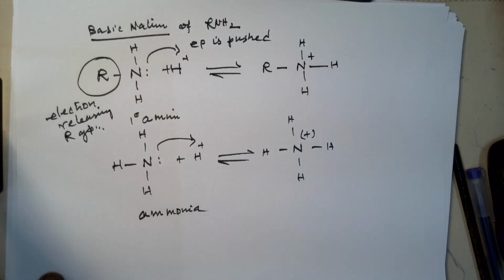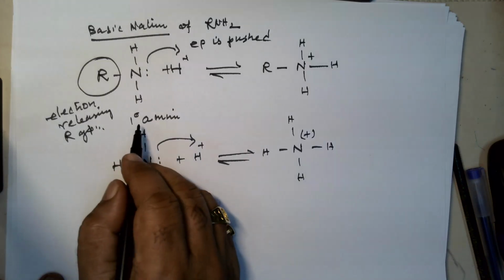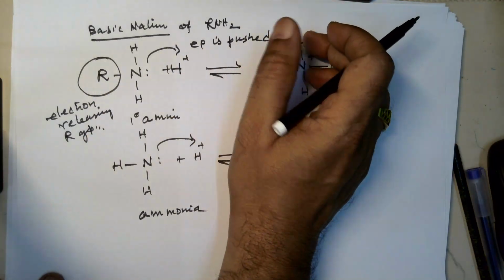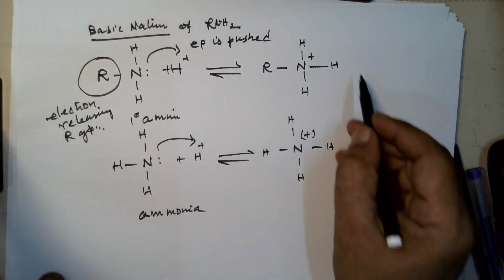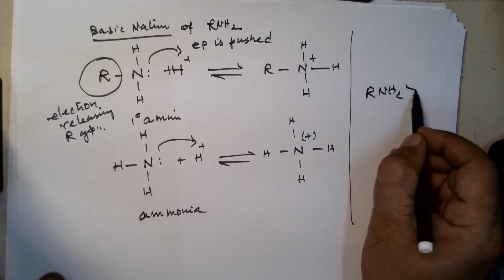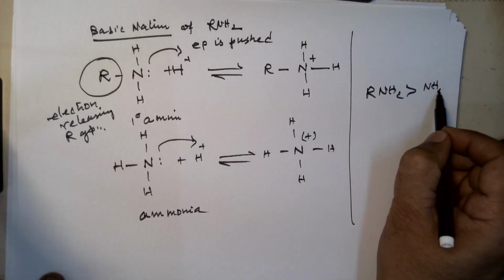Therefore, the donation is more appreciable here, and that is why this reaction is more natural. So it means RNH2 is more basic than ammonia.